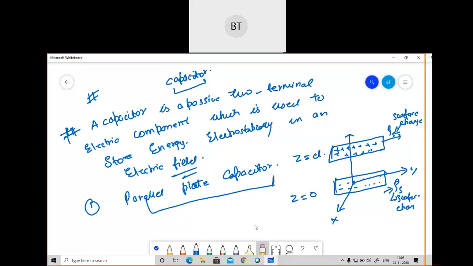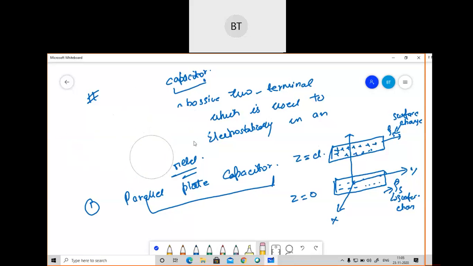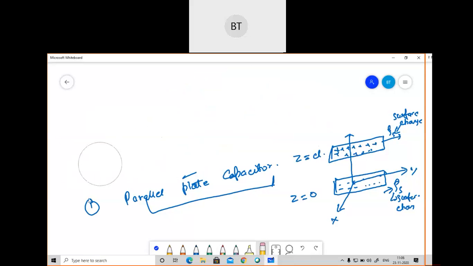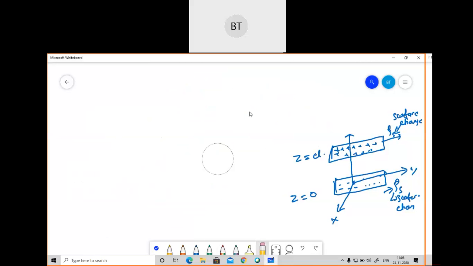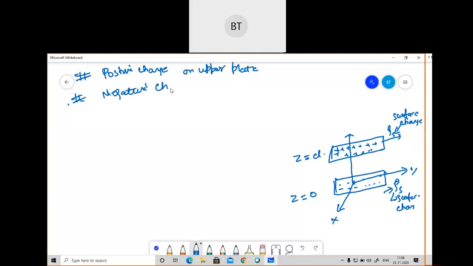So let me remove this. What I'm imposing here is positive charge on the upper plate and negative charge on the lower plate.